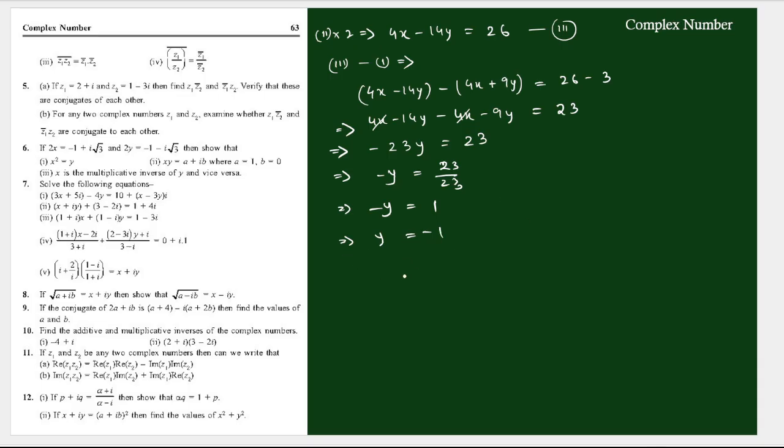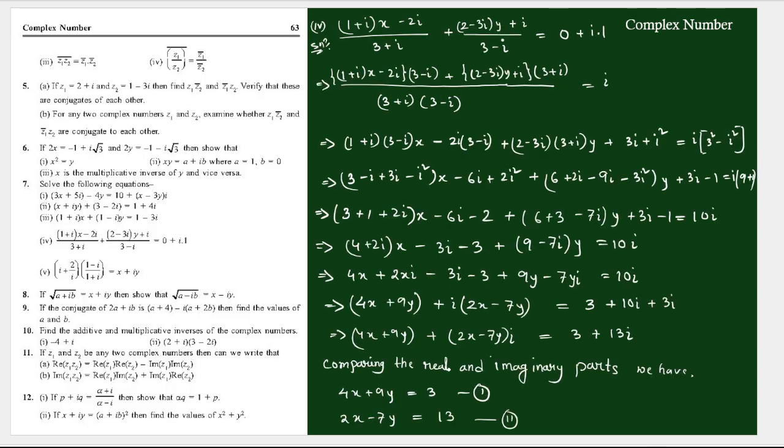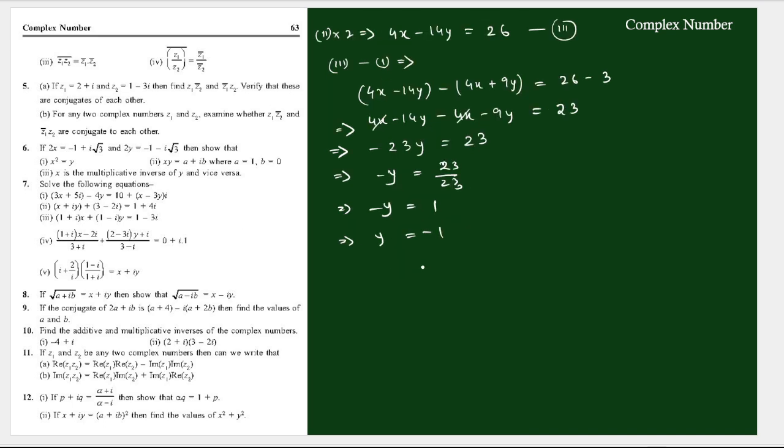Now let's put this one in equation number 2. Okay, this is 3. This will be better. चलो equation 1 में put करते हैं. So putting y equal to minus 1 in equation 1, we have 4x plus 9y equal to 3 है ना.